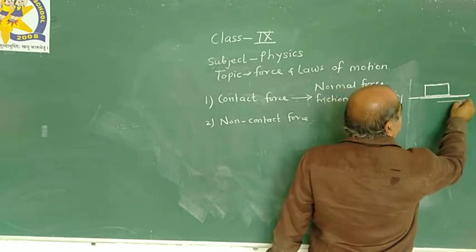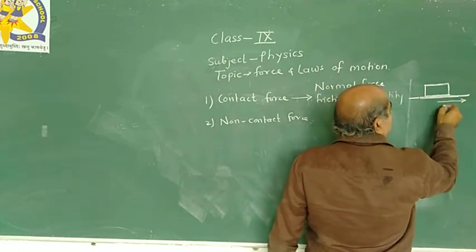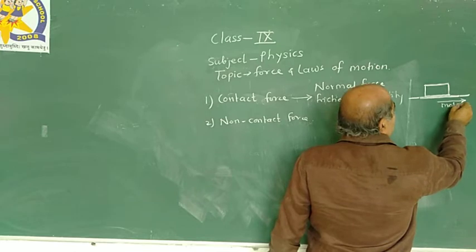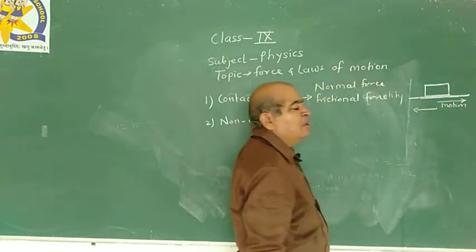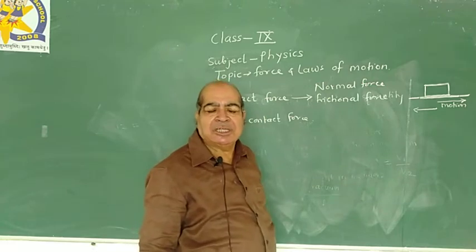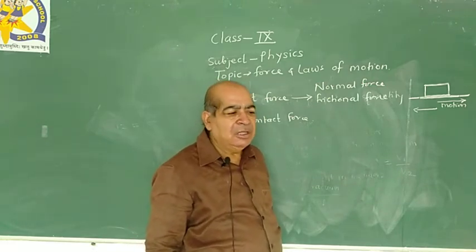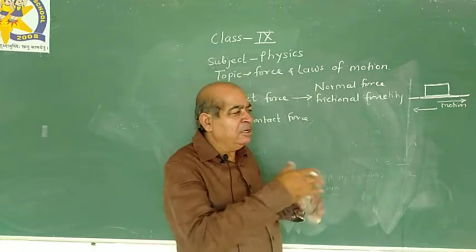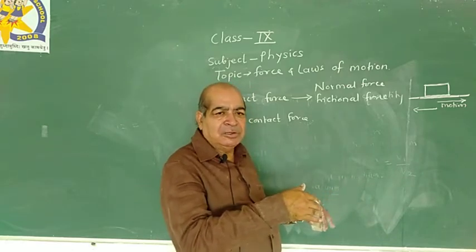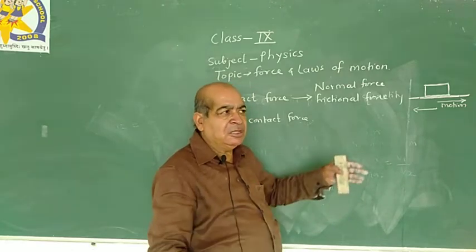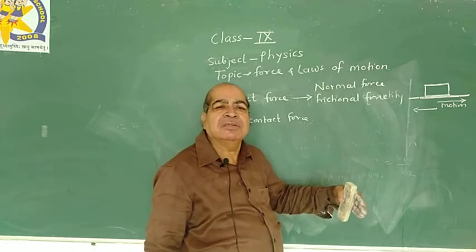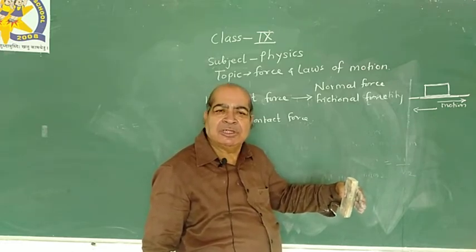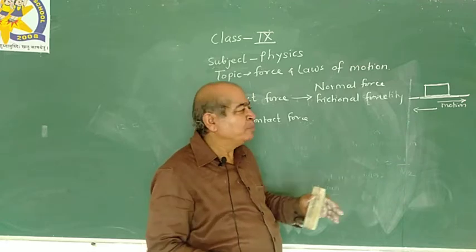The direction of frictional force is always opposite to the direction of motion. म्हणजे if a cycle is running on the road and you stop pedaling, then the cycle stops because the frictional force opposes the motion of the cycle.